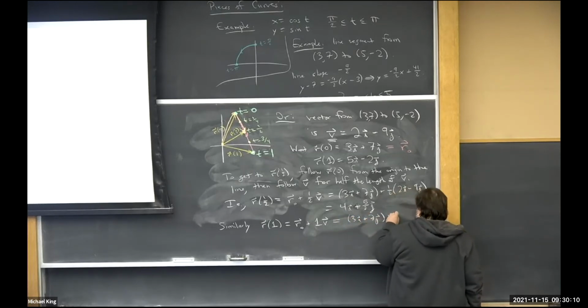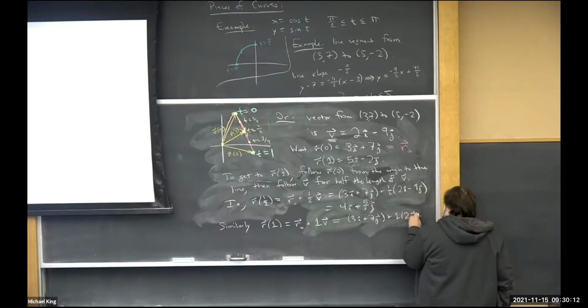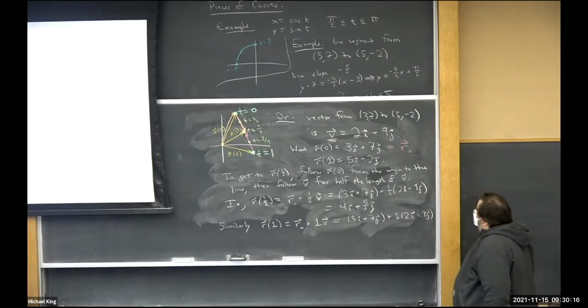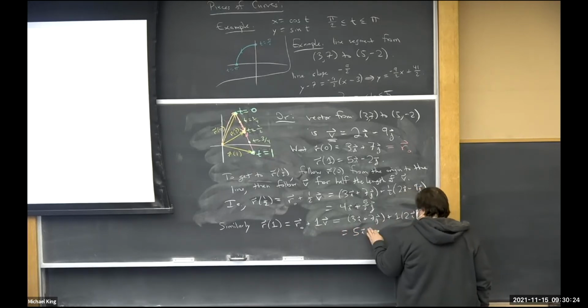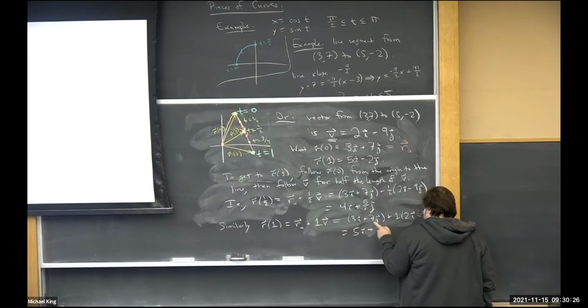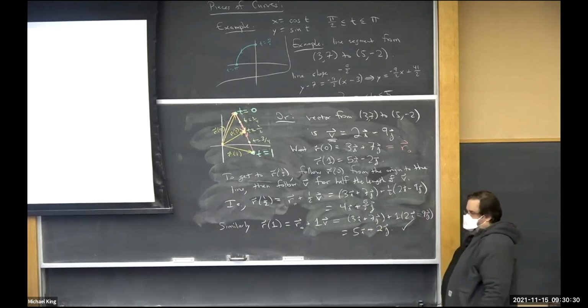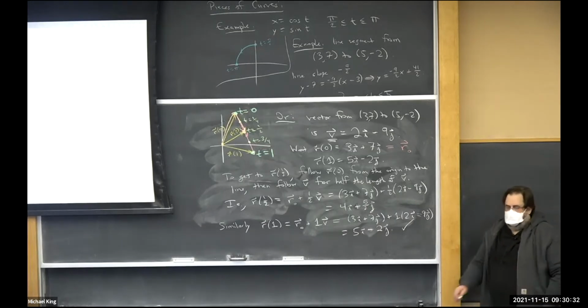Yeah, this better work, because this is how we found v, by subtracting the two. So when we add v back to the first point, we should get 5i plus 7 minus 9, which is minus 2j. And so that's just a sanity check. Does that make sense?